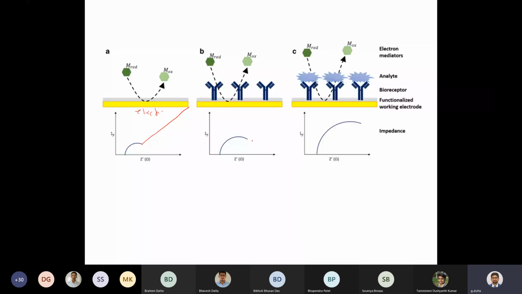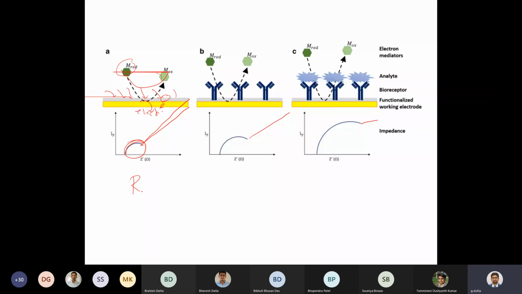The straight line will be like this. If the surface is blank, then mass can easily transfer and electrons can easily flow, right, guys? Is it okay? If there is no protein, but because of some other layer we use, we still get some resistance, very small, but we will get a very long straight line.